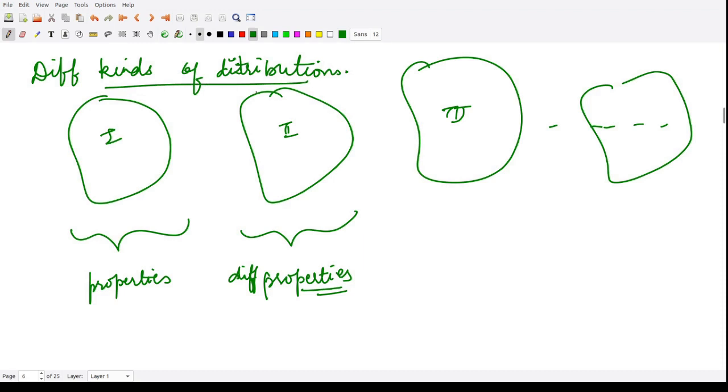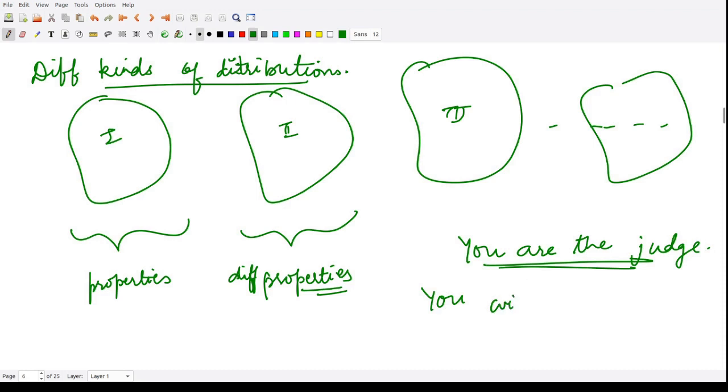So actually you are the judge here. How? First of all, you will decide what you want to predict.